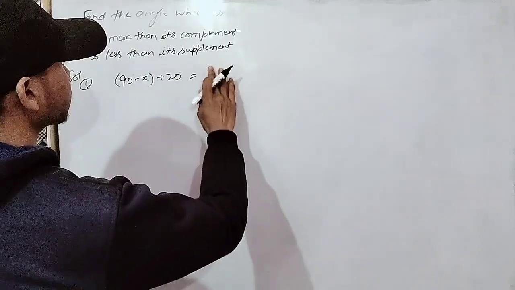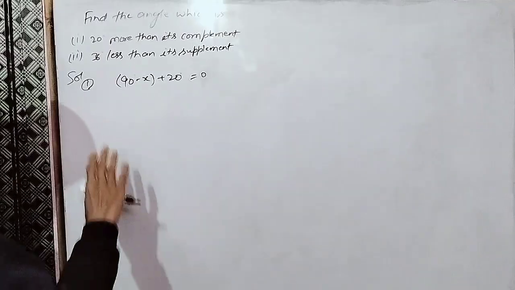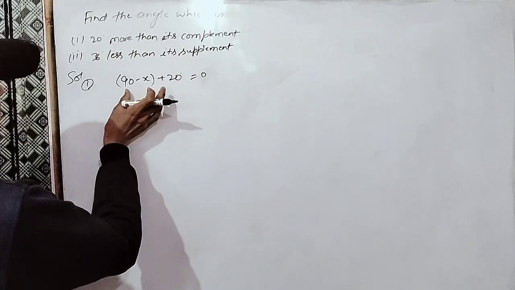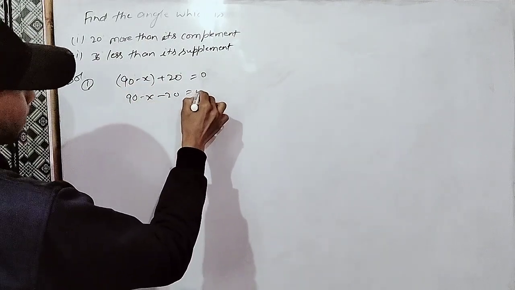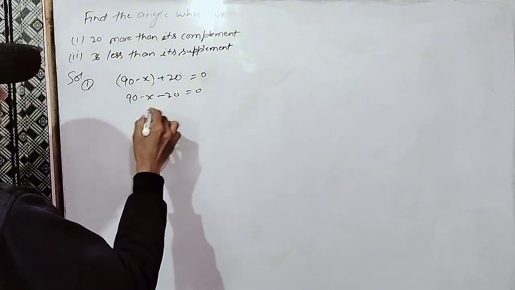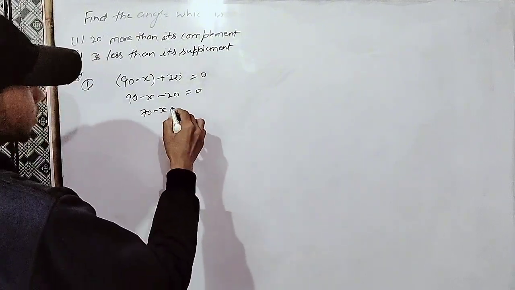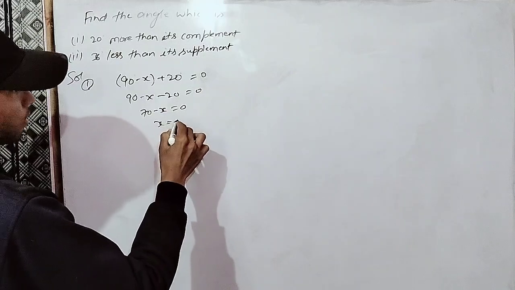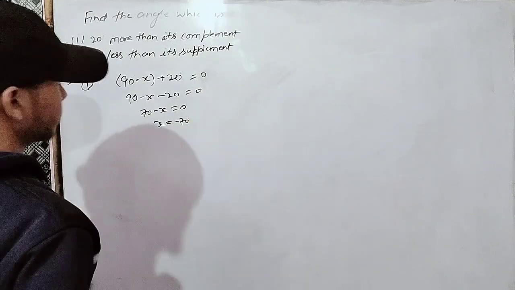Okay. So here you can notice we have 90 already. This is the equation. Here 20, subtract 20, minus x. So minus 20.